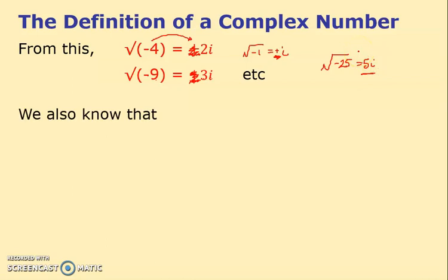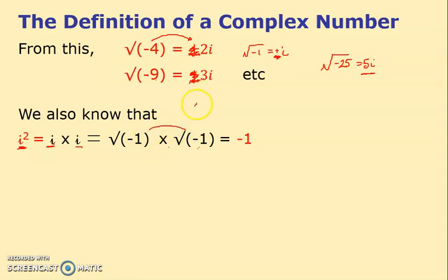Now, bear this in mind, because we also know a few things about this. i squared is obviously i times i. And I know that i is the square root of -1. Therefore, it's got to be the square root of -1 times the square root of -1. And whenever you square something, which is effectively what I'm doing, I'm undoing the square root.